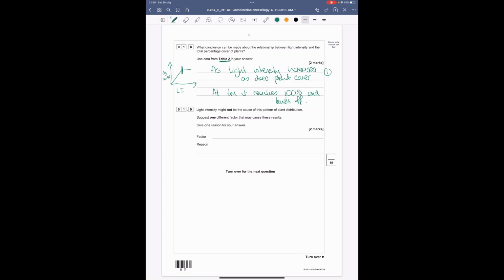So what other factors may affect the amount of plants? Well, it could be the amount of water or rain at different locations. And that might be because if you've got increasing tree coverage, the leaves are stopping water reaching the ground, or the trees themselves are absorbing it.